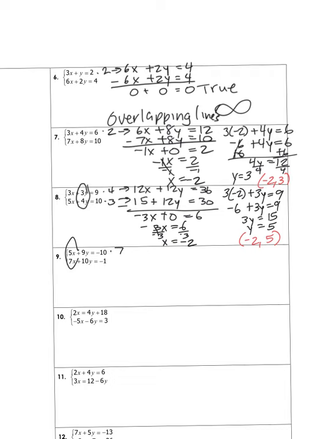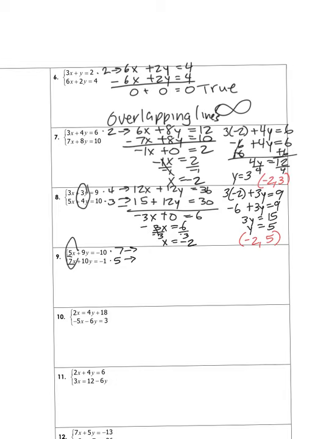And all I'm going to do is multiply by the coefficient of the opposite equation. So I'm going to multiply this top equation by 7, which is the coefficient of the variable term in the second equation. And I'm going to multiply the bottom equation by 5, which is the coefficient of the variable term in the first equation. That's a mouthful.